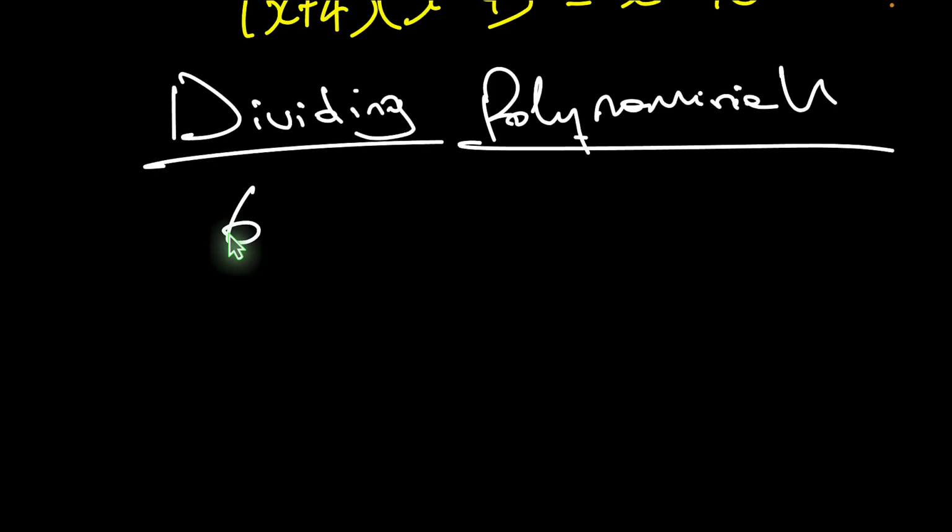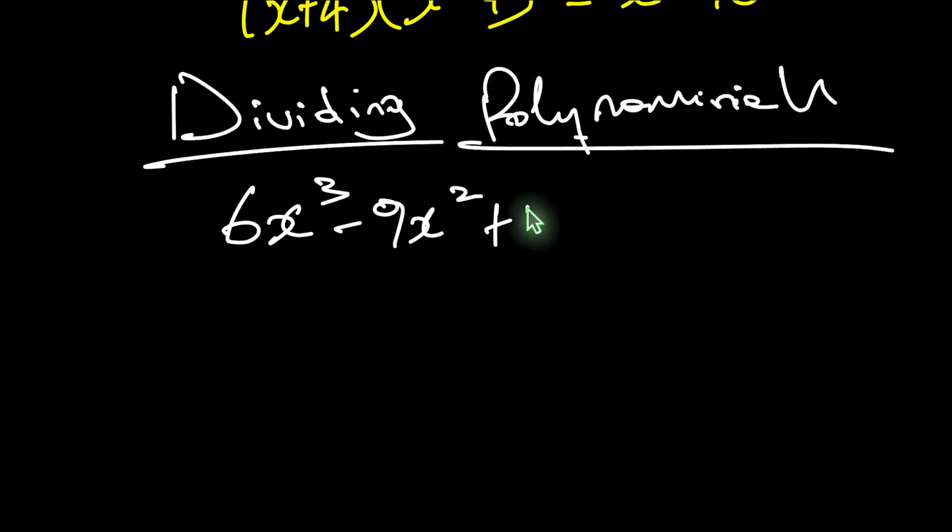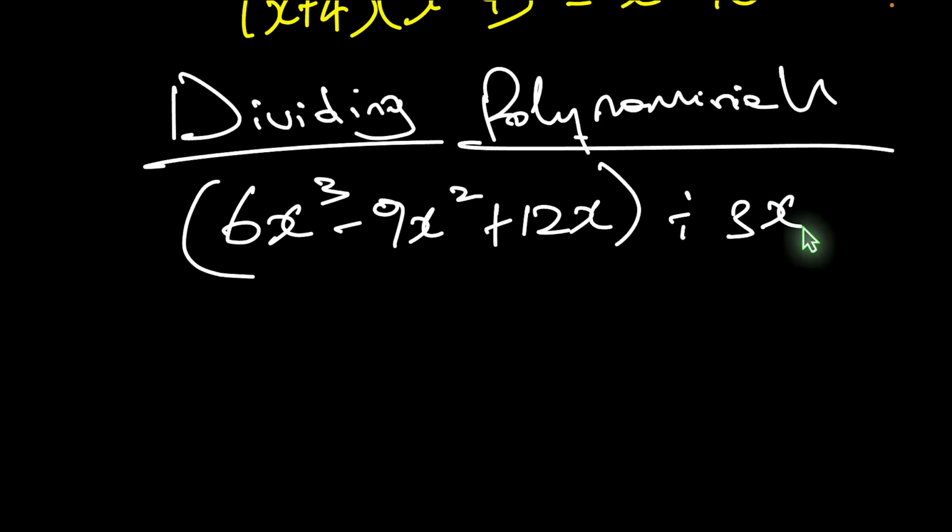So let's say we have 6x cubed minus 9x squared plus 12x, and all of that is divided by 3x. You will see it's pretty straightforward here, because what we're going to end up doing is just do 3x into each of these.